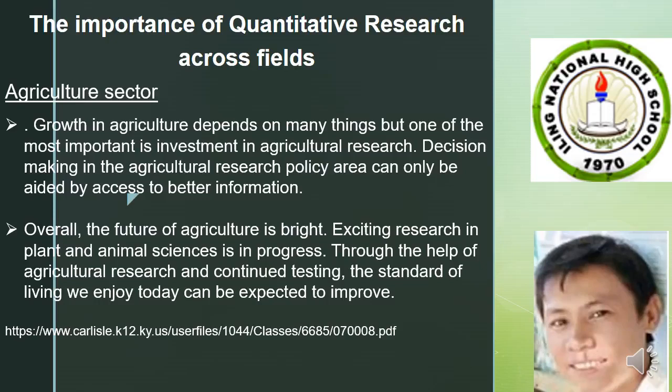So kung mapapansin natin, lahat ng sektor ng ating lipunan ay ginagamitan natin ng research, and most of the time ginagamit natin ang quantitative research.